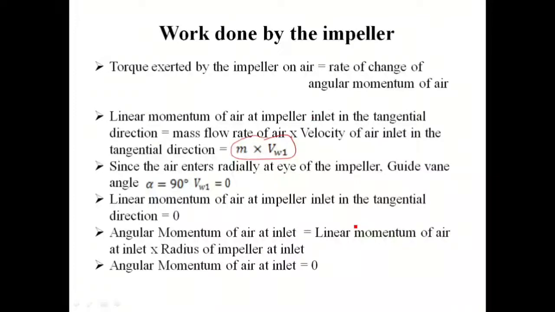So what will be the angular momentum of air at inlet? It will also become 0 since the linear momentum of air at inlet is 0. Angular momentum of air at inlet is linear momentum into radius of impeller at inlet. Since the linear momentum is 0, the angular momentum of air at inlet is equal to 0.